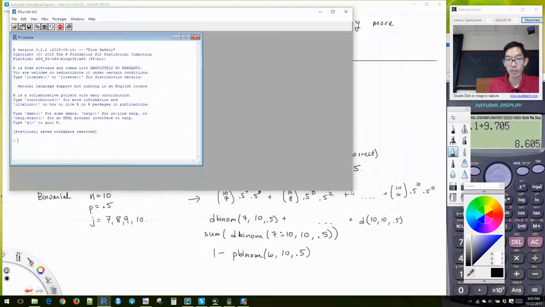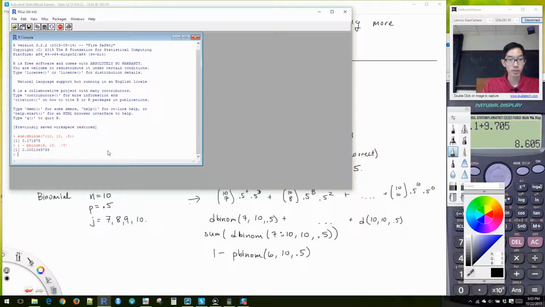Any of these, really. Okay, so I can do sum dbinom 7 through 10. Sorry, I'm using old school R because it fires up faster. And this gives me 17%, or I can do 1 minus pbinom 6, 10, 0.5.